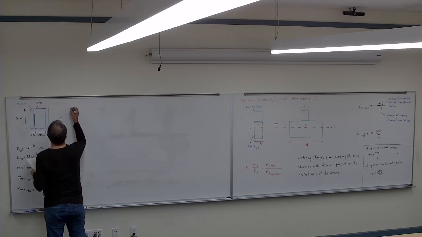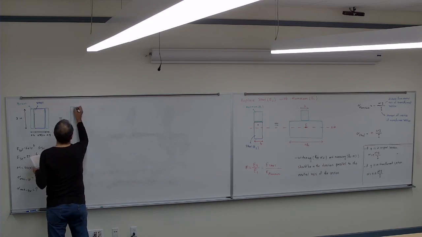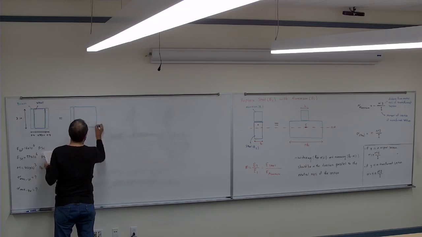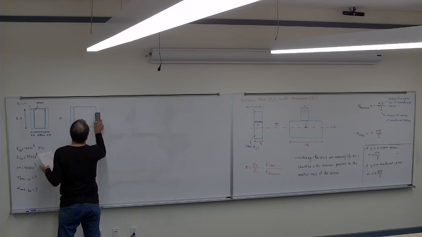So I'm going to have the left part. Then I'm going to have the middle part, which is going to be larger. And then I'm going to have the right section.